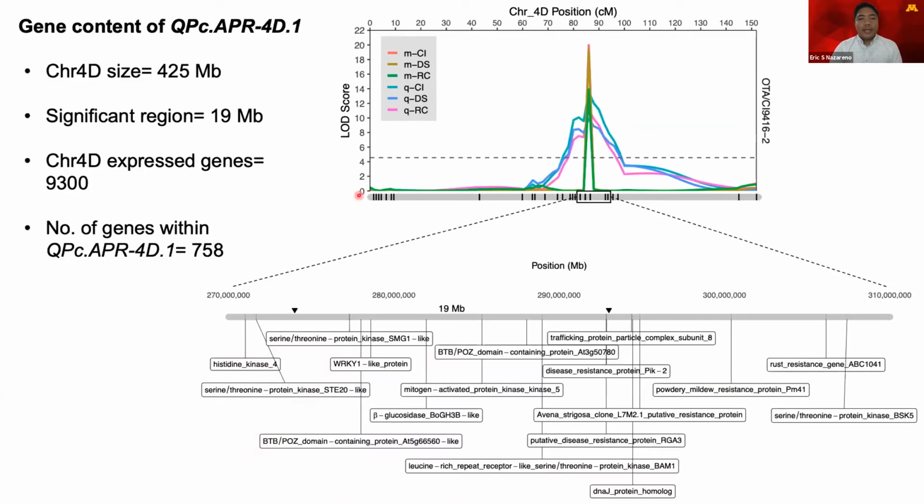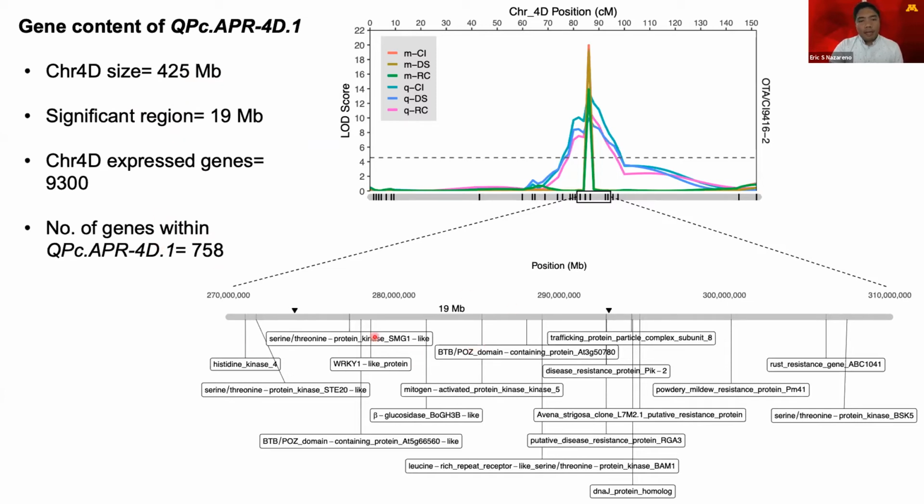I was interested in looking at the gene content of the significant regions, and this is just one representative QTL and some statistics on the chromosome and significant regions based on the 3098 reference genome.